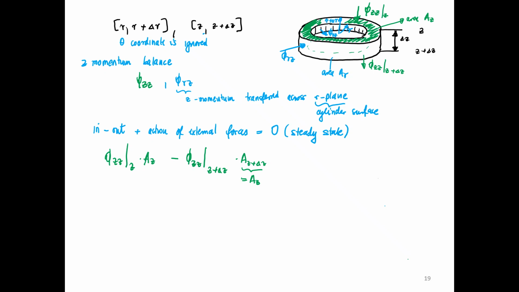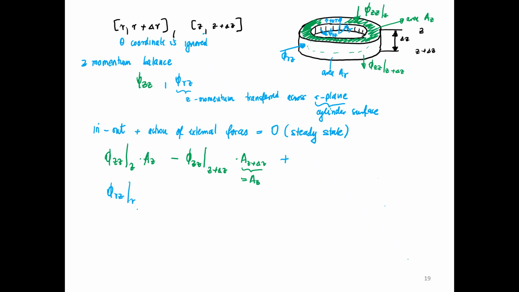So now I'm going to do in and out across the R plane, plus phi RZ evaluated, keeping my plus and minus in the coordinate system.